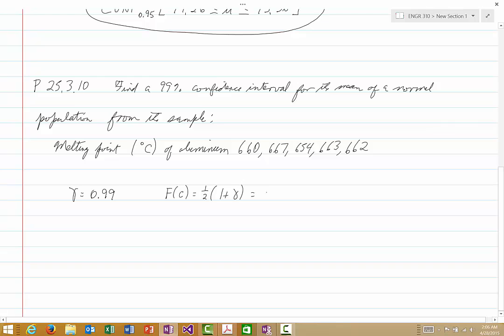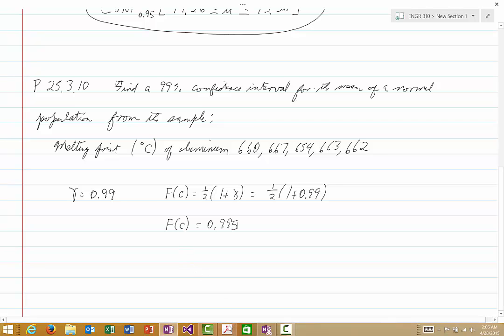So this is 1/2 of 1 plus 0.99, and therefore f of c is 0.995. And now we want to look at some table to find out what C satisfies that.